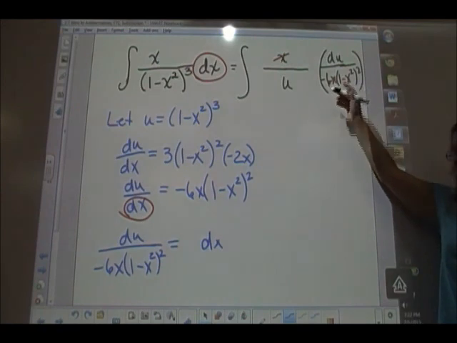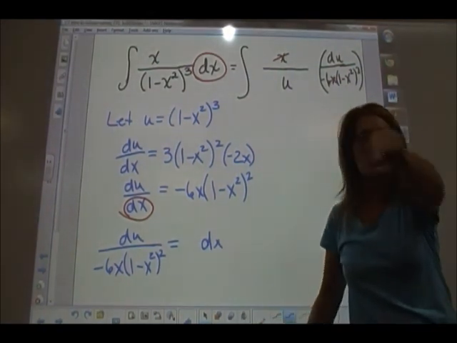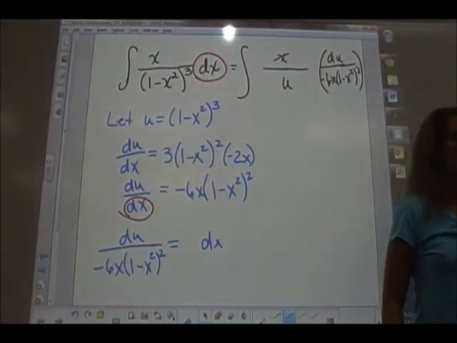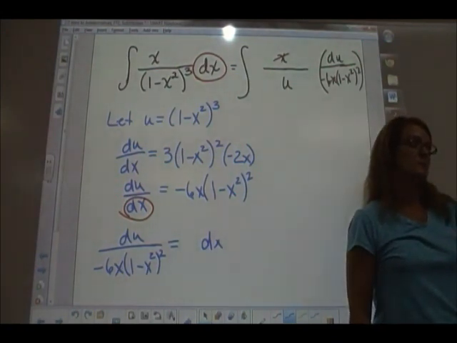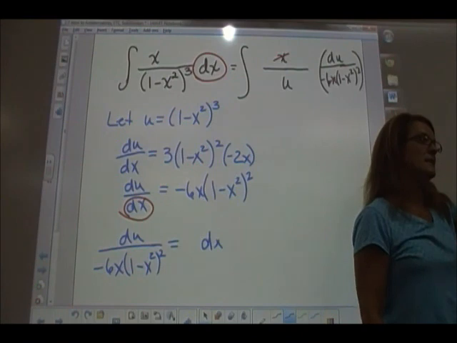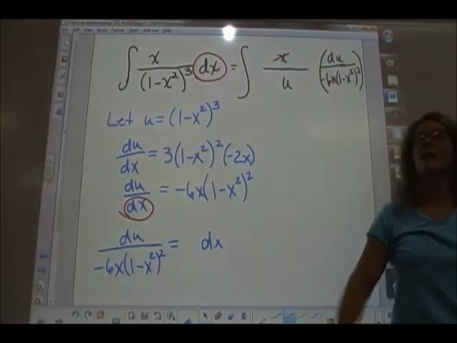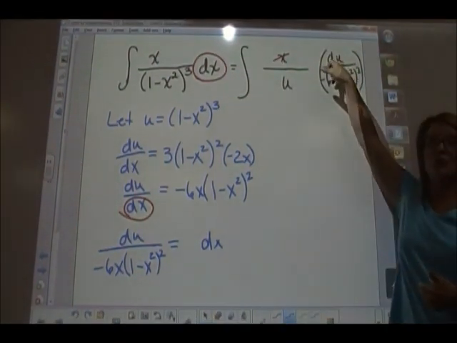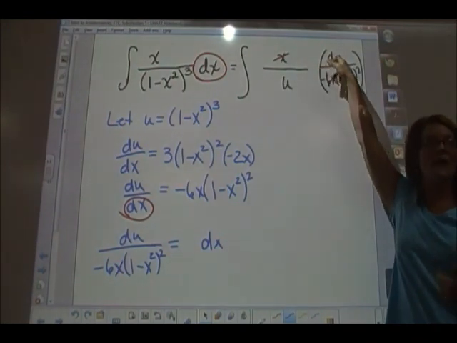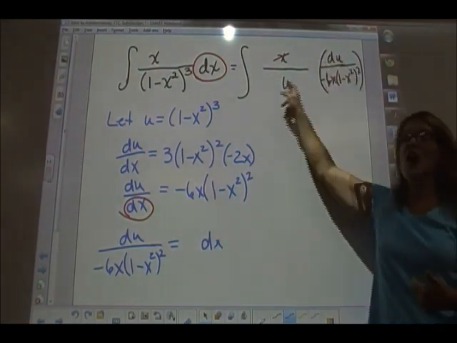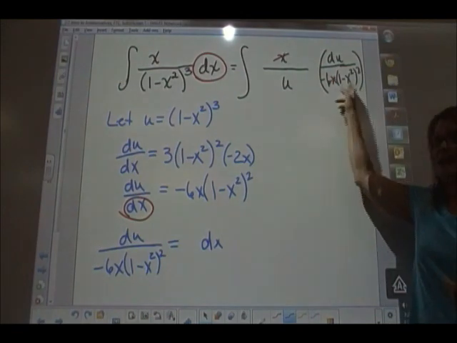And the problem is that none of those rules on your sheet have two variables, do they? They're all x's and dx's. So the fact of the matter is that if I'm integrating with respect to u, du, I better have nothing but u's in my integrand.